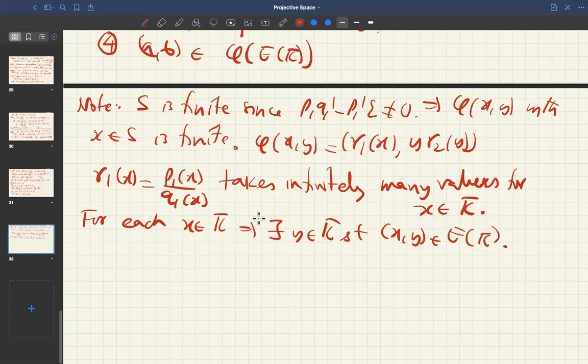So in ek bar, given x, there exists y such that xy is in ek bar. And this r1x takes infinitely many values. So this implies that phi of ek bar is an infinite set.